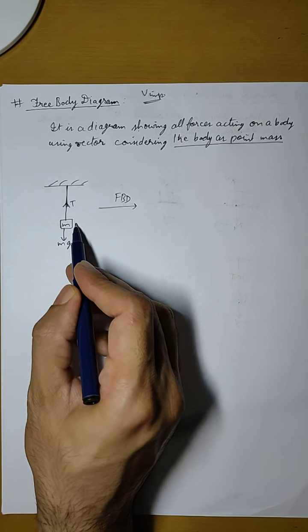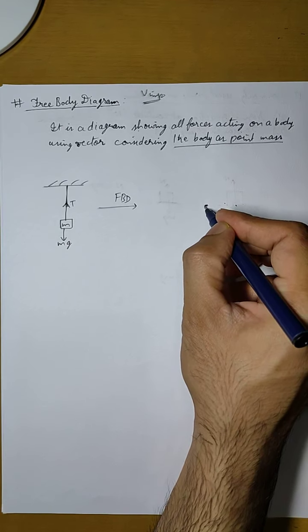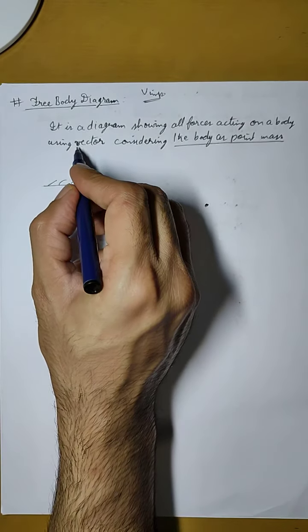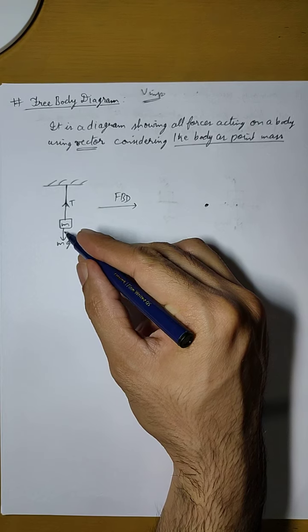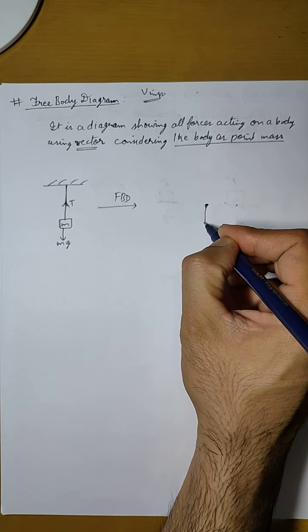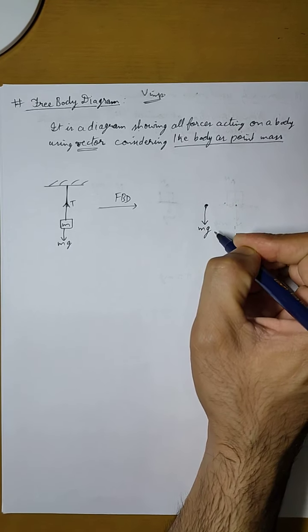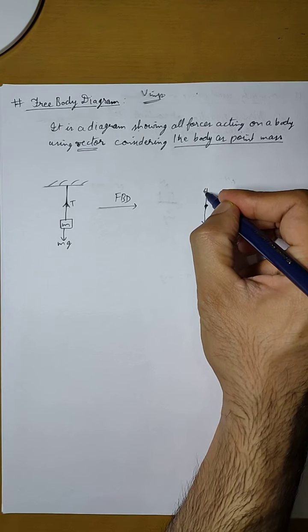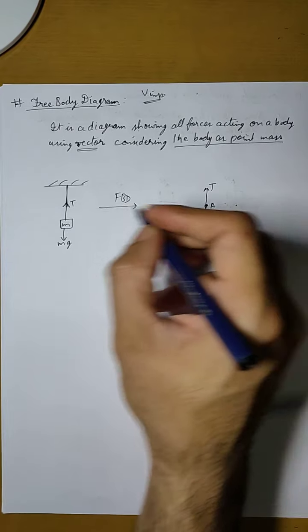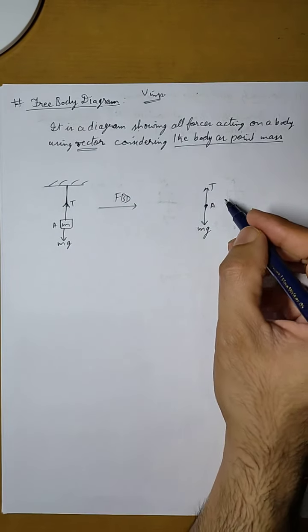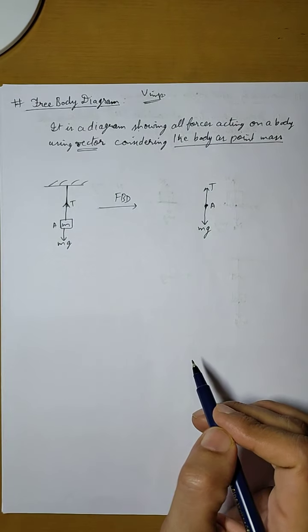That means we are going to represent this body with the help of a point, and then we will use vectors to show the forces. So here mg is applied in the vertically downward direction, so this will be our mg, and the tension that is generated in the string will be in upward direction. So if this body is A, this will be the free body diagram of this given situation.